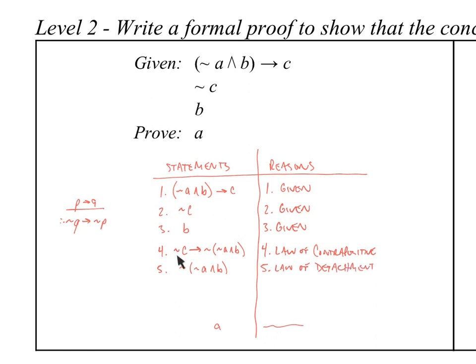Because I have a conditional statement, and the hypothesis of that conditional statement is true, I can claim that the conclusion must be true. And 6, now what I'm going to claim is that A or not B must be a true statement. Go ahead and give me a reason for why that is.